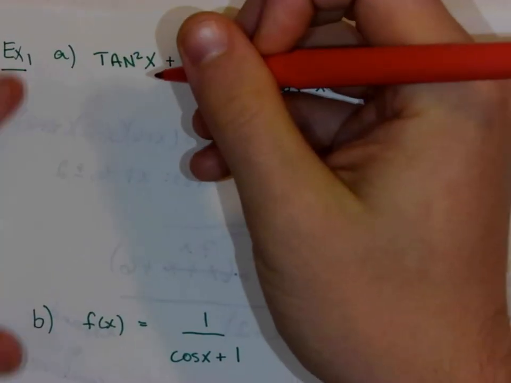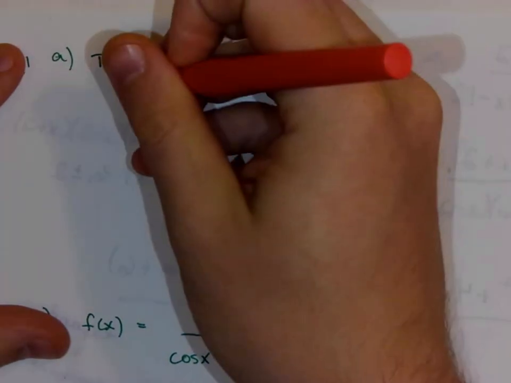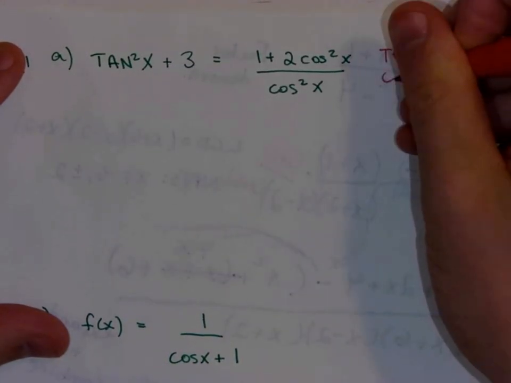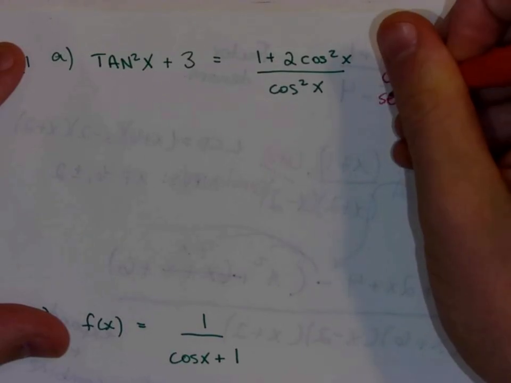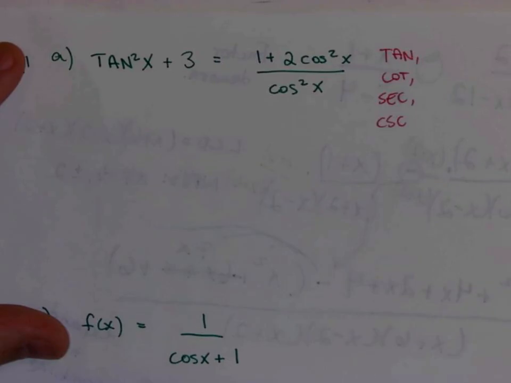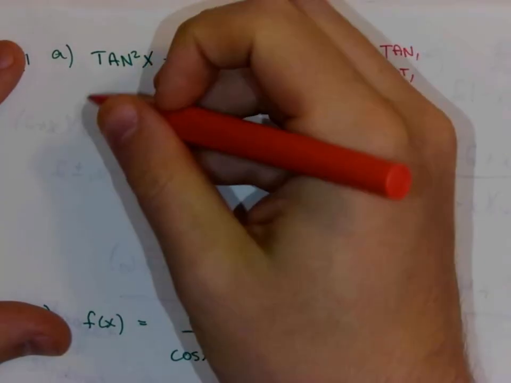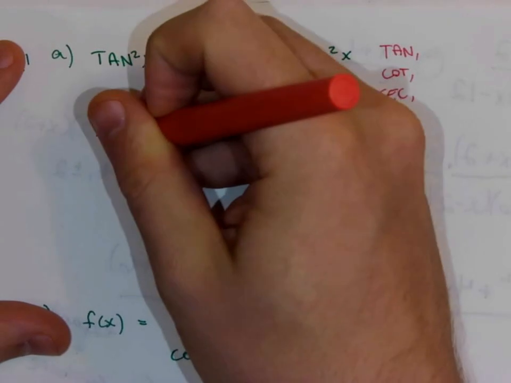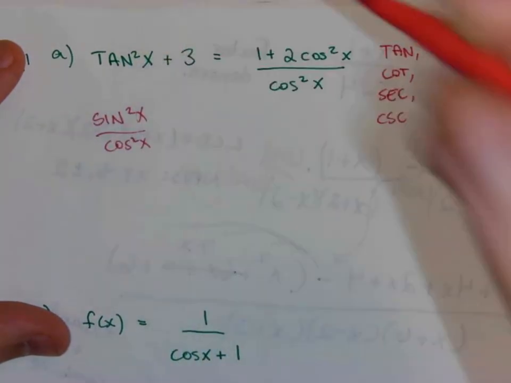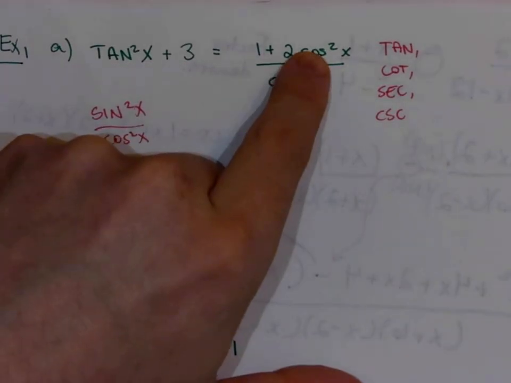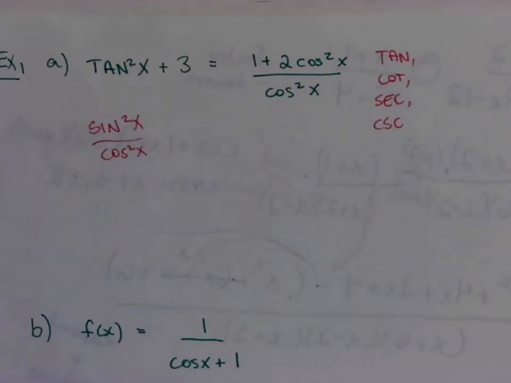Before we start doing the rest of the question, we're going to change any sort of tan, cotan, secant, or cosecant part into their reciprocal or their fraction. So the only thing I'm going to change here is I'm going to change tan into sine squared over cos squared x. And I'm actually just going to ignore the rest of the question because 3 can't change, and cosine's fine on its own there.